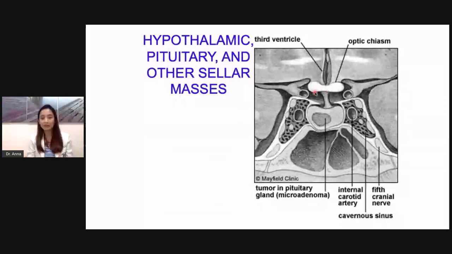Your carotid arteries, the internal carotid artery, cranial nerves 3, 4, 5, and 6, and the cavernous sinus in this area. So any tumor here, depending on its growth, will have impact on the surrounding structures.